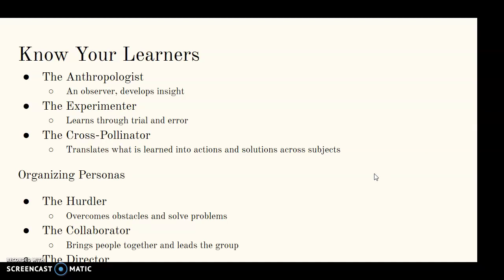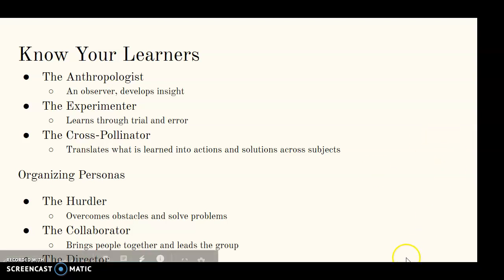So Jim Burke also talks about knowing your learners, which I think is really important because sometimes we place students in groups and we don't realize that the group isn't benefiting them because we don't know what kind of learner they are. There's the person who observes, the person who learns from trial and error, and the person who translates what they learn into action.